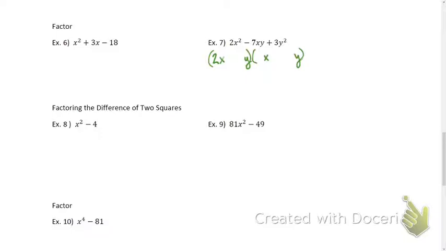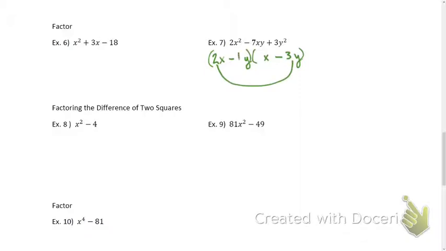Now, if I put that negative 3 right here, I need to be able to add up two different terms to get negative 7. I don't think it's going to happen. I think that's going to give me a negative 5. But if I put a negative 3 right here, look, we're going to multiply and get a negative 6.